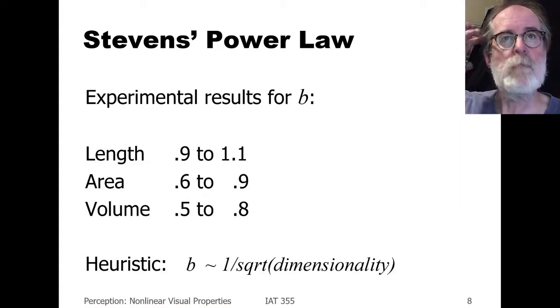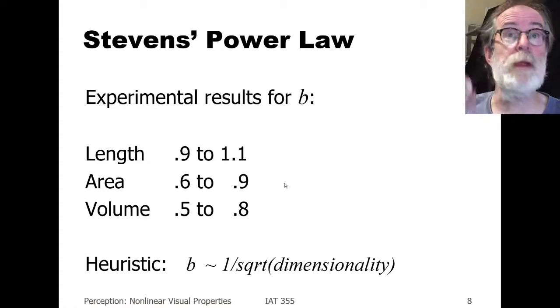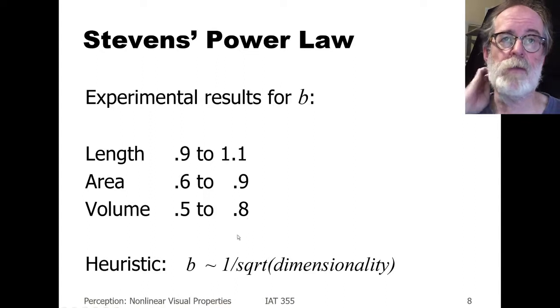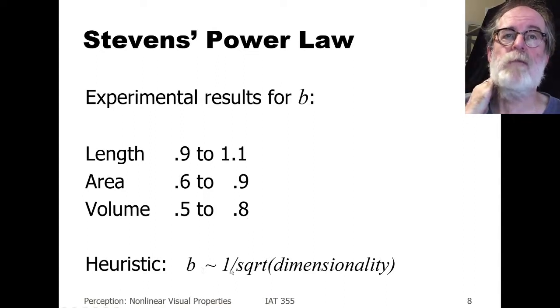So, experimental results for b for length tended to be around 1, as seen here, and for area somewhere between 0.6 and 0.9, for volume 0.5 to 0.8. And so the heuristic is b is roughly equal to 1 over the square root of the dimensionality, where dimensionality is 1, 2, or 3: square root of 2 for area, square root of 3 for volume.